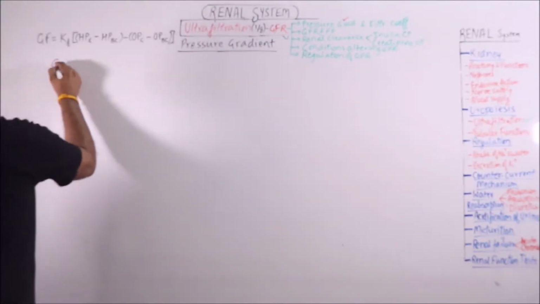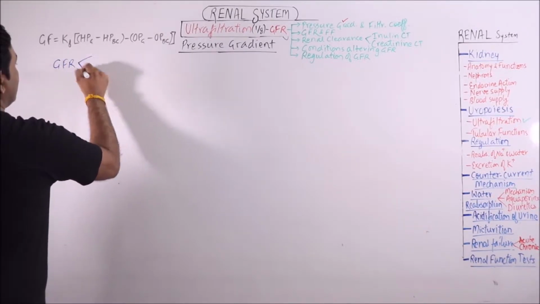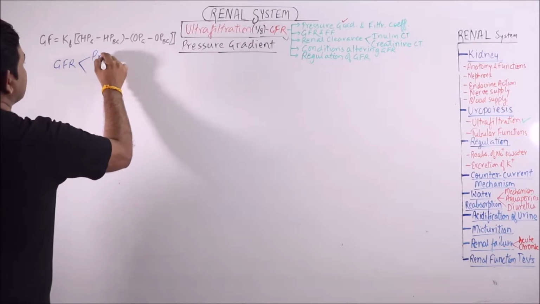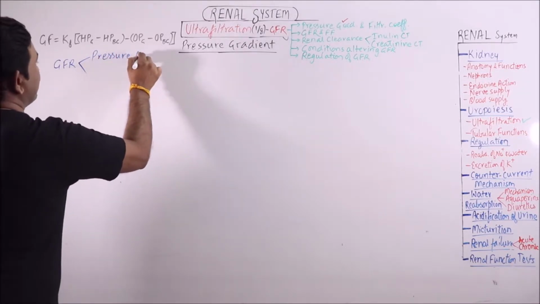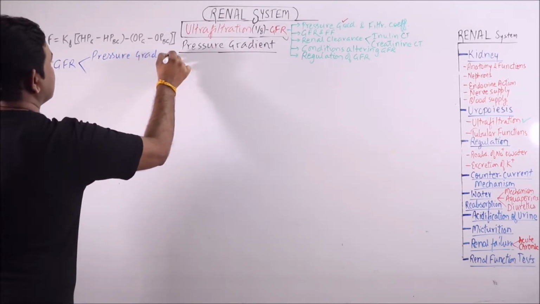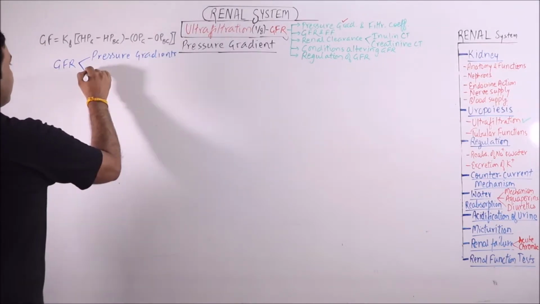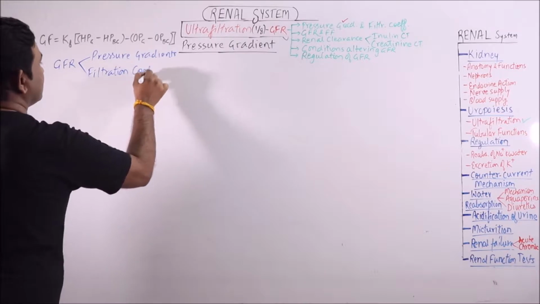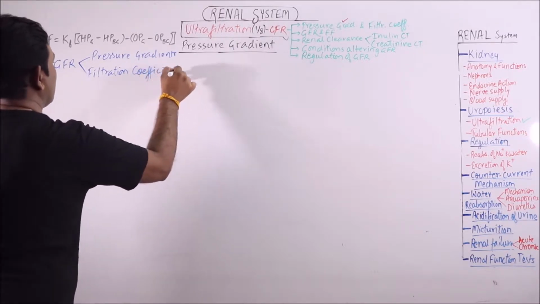So we can say that the GFR depends upon two major factors. First one is the pressure gradients and another one is filtration coefficient.